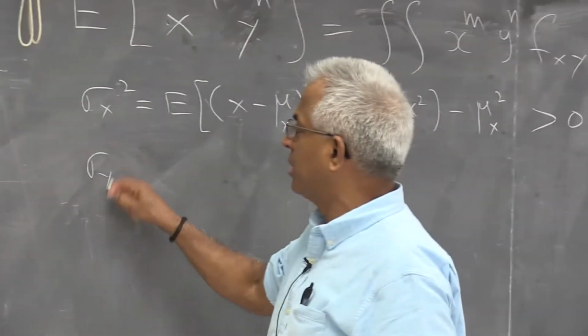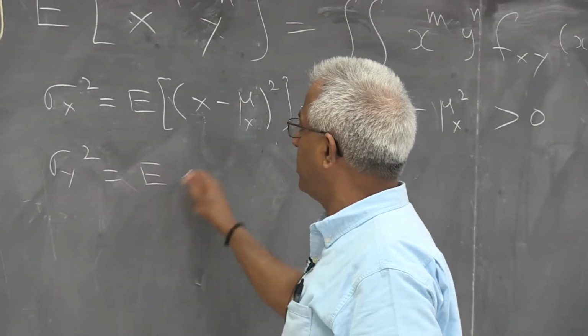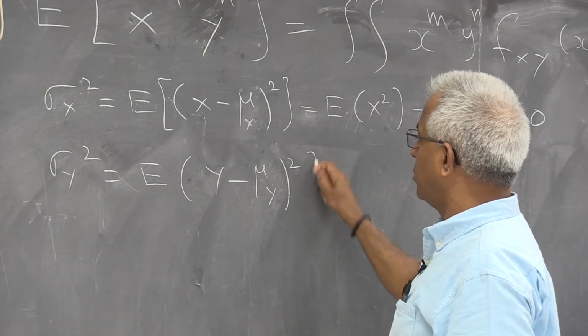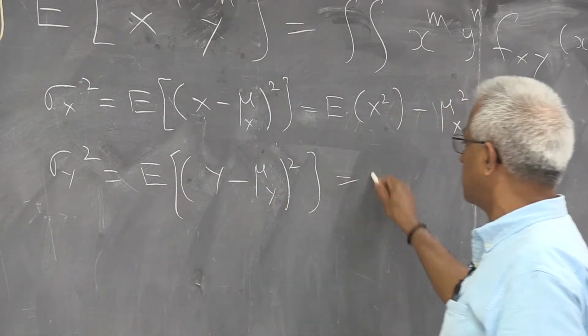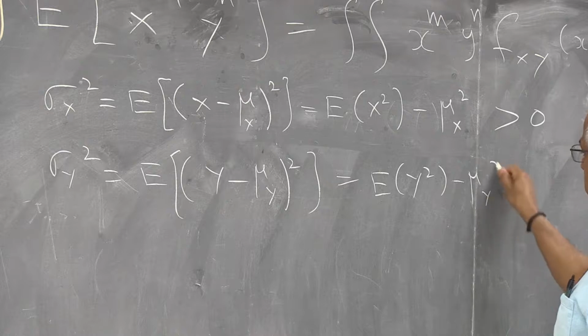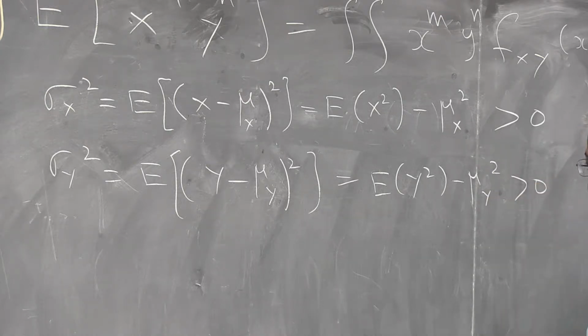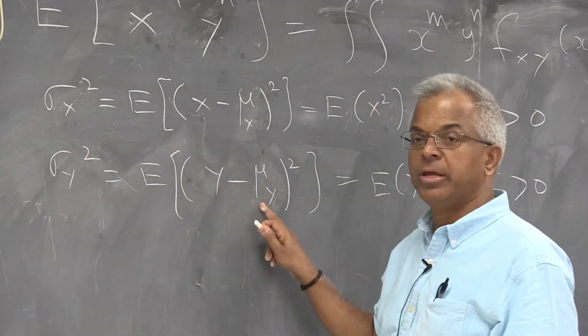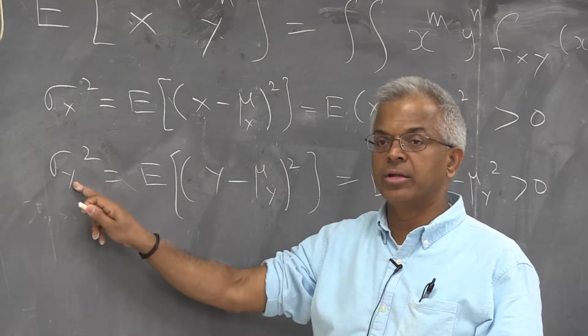Similarly, you had sigma y squared to be expected value of y minus mu y the whole squared, right? So this is expected value of, also positive. So look here, how many parameters you see here? I see two means, I see two variances.